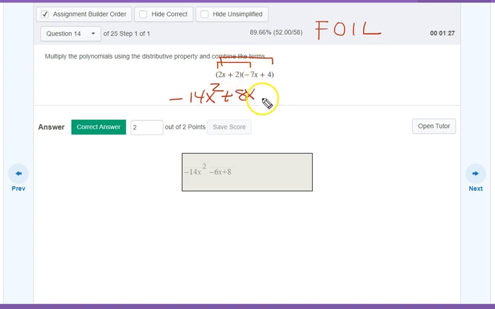My inners a negative 14x. And my last will be a positive 8. Now as I group like terms, I'm going to get a negative 14x squared. Here I'm going to get a negative 6x plus 8.